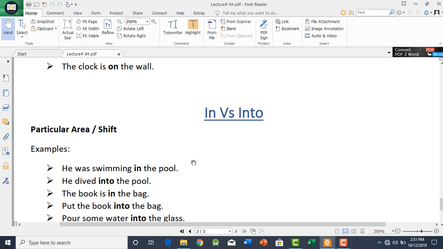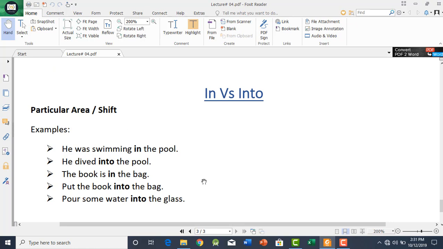Another important comparison is in versus into, and the comparison is associated with these two key terms. In is directly connected with particular areas, and into is directly connected with shift areas. Let's say this example: put the book into the bag, because you are shifting the book from another place into the bag.